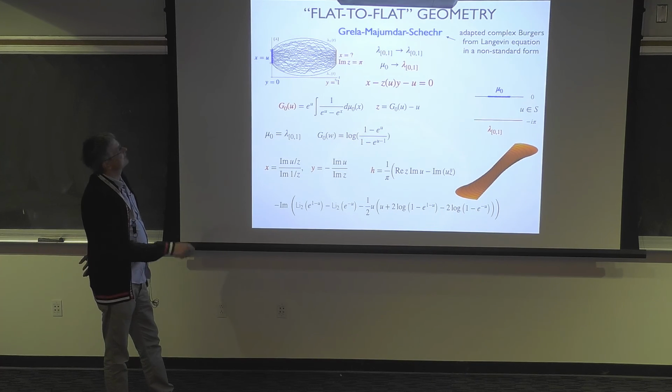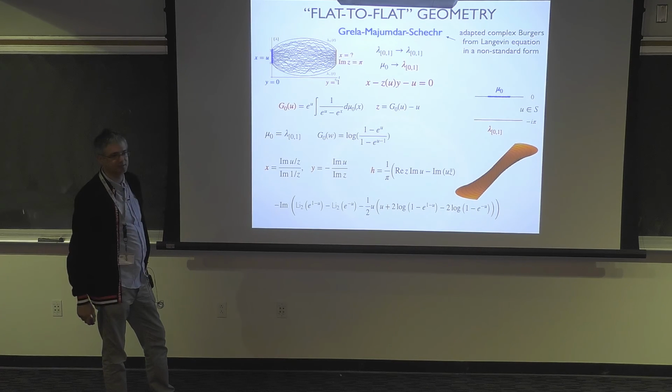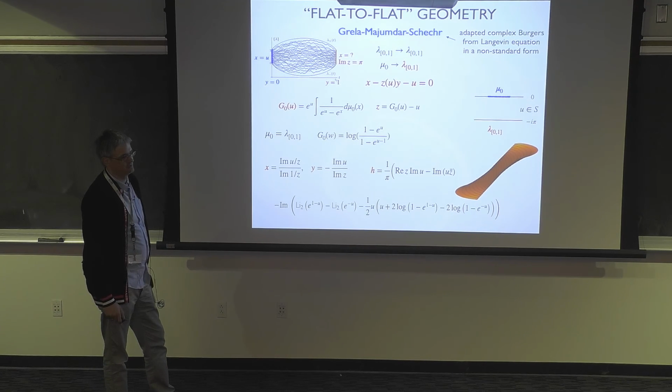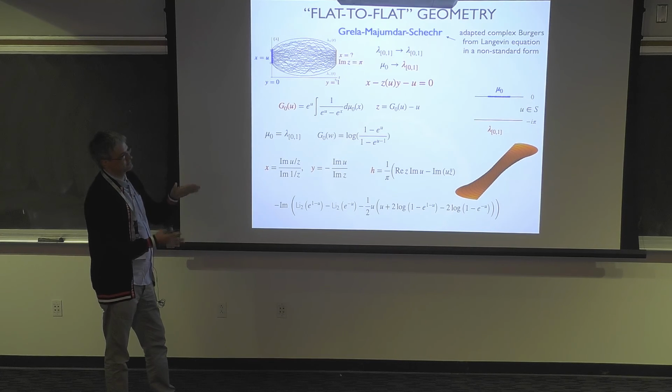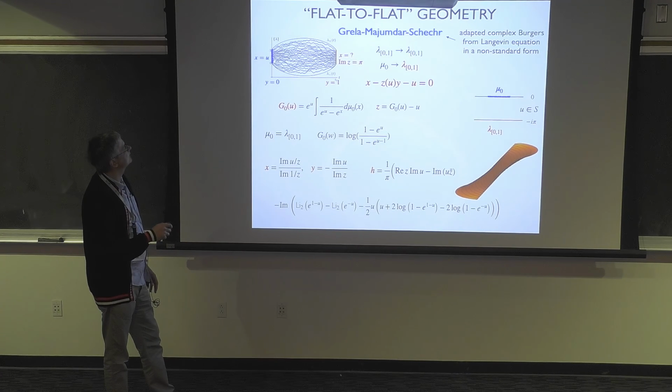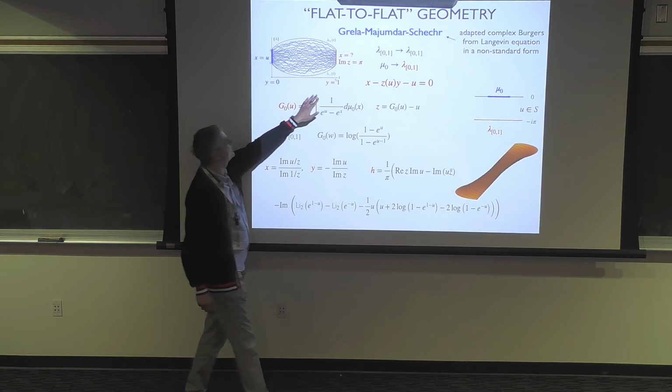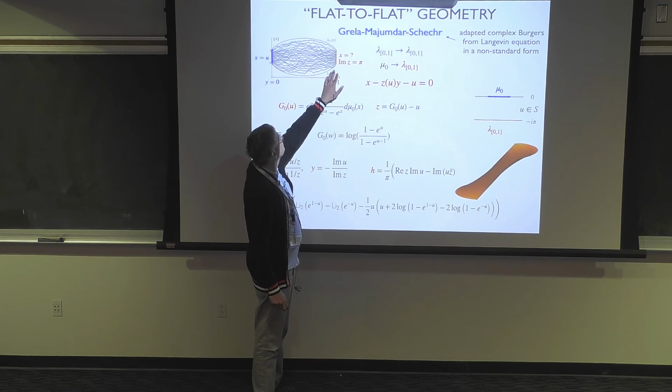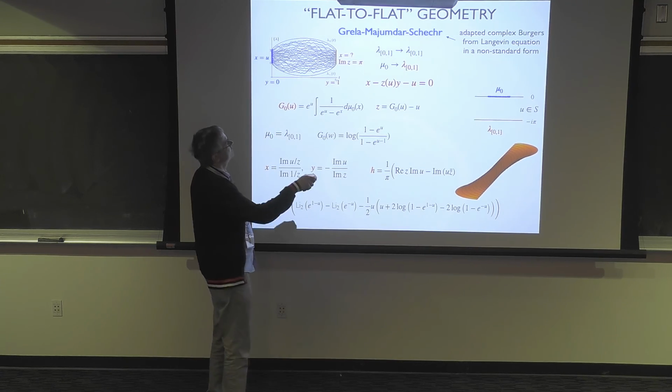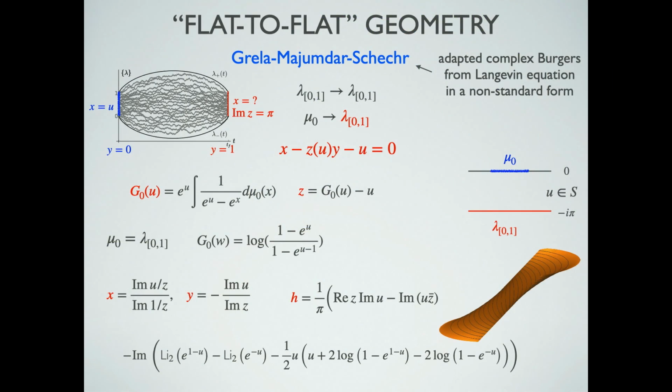And another special case one could ask about is the so-called flat-to-flat geometry. So we have now equispaced particles starting and emanating at some time and arriving at the final time also in this way. So actually it's only important to prescribe this on one side again. So one of the measures is the Lebesgue measure on the unit interval.